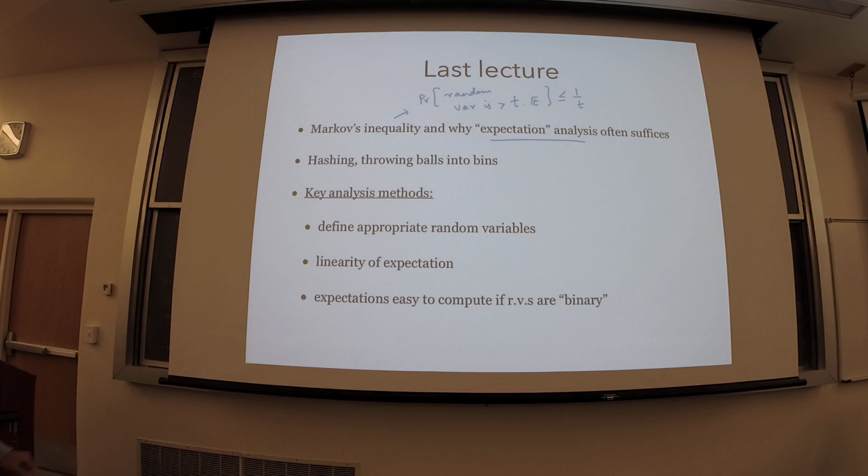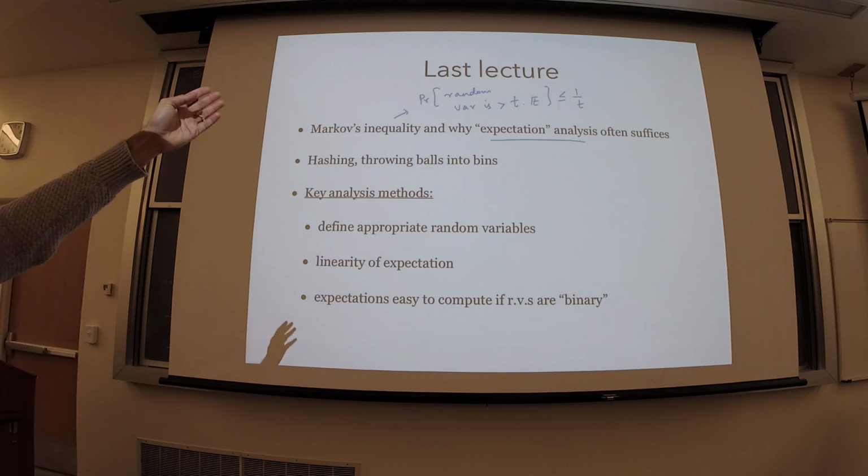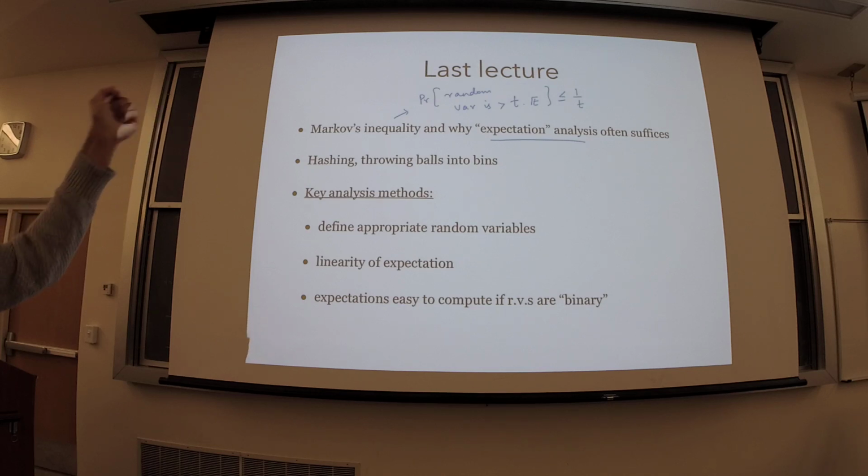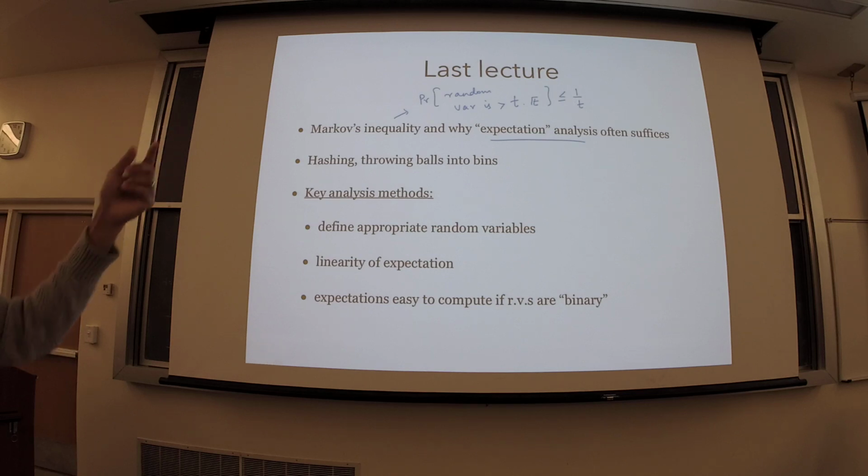We also saw that Markov's inequality is weak in that it doesn't give you a very strong bound. It just tells you, for example, that the probability that your random variable is more than 100 times the expectation is less than 1 by 100. But if you want a much tighter bound, then you don't get it from Markov.